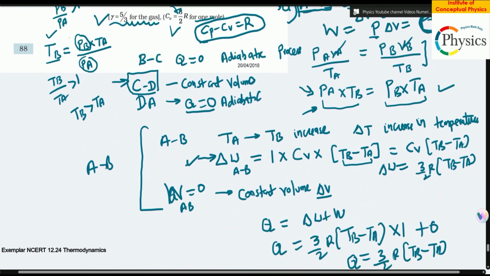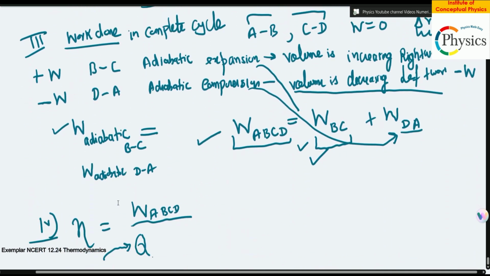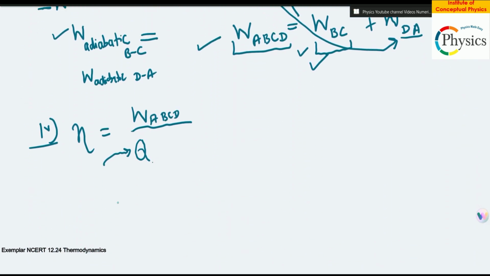Remember, you are doing expenditure in A to B because of the first law of thermodynamics, you were supplying heat from A to B. So A to B was supply of heat, and some part of this supply of heat got converted into work done. So you supply something at some cost. So QAB is what you supplied, and multiplying by 100 gives you the efficiency of the engine.